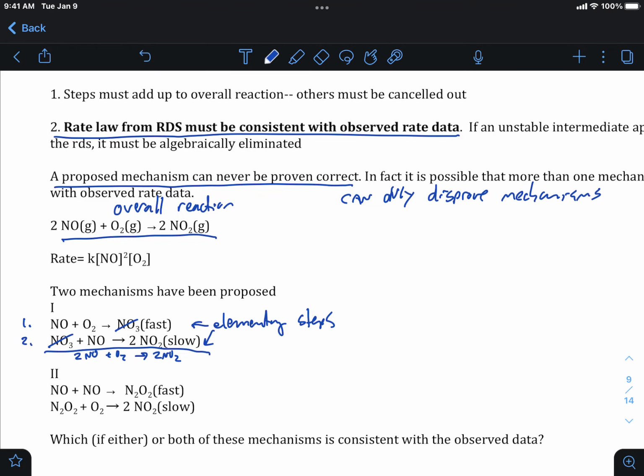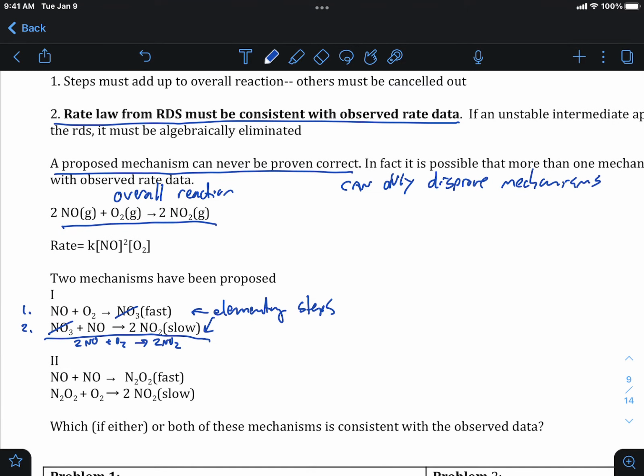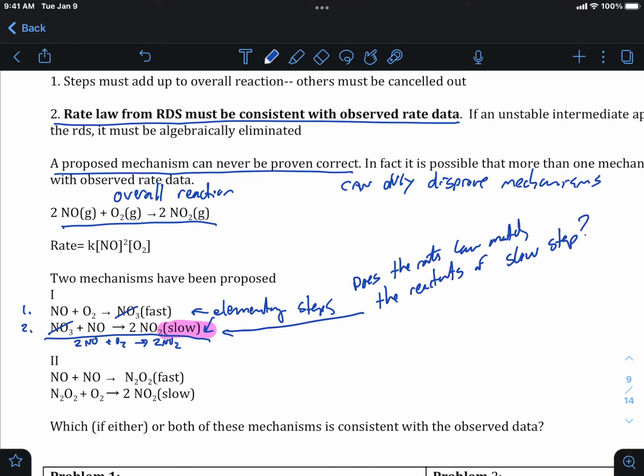Now, note that in these reactions, you must be told which step is the slow step. And as we just said, the slow step is the important step. So, does the rate law match the reactants of the slow step? And here's what I mean. Look at our rate law.